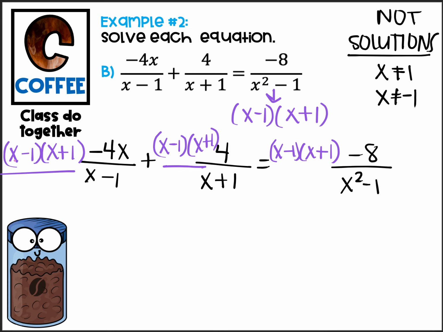Now let's reduce what we can reduce. X minus 1 divided by x minus 1 is 1. And in the second term, I have x plus 1 over x plus 1, which is 1. And on the term on the right side of my equation, I have x squared minus 1 from the denominator canceling.